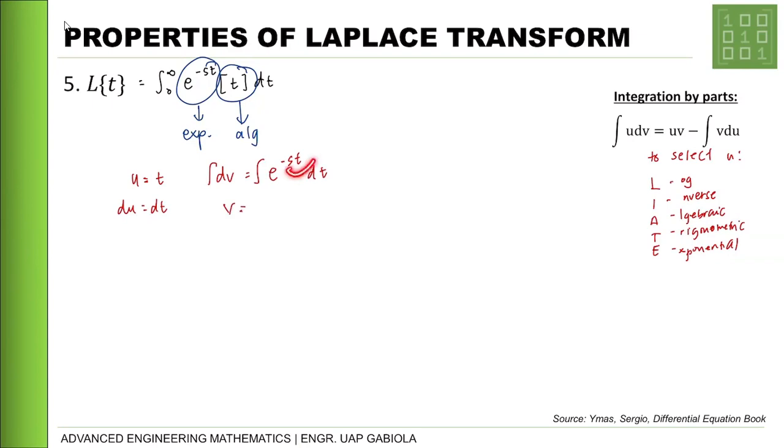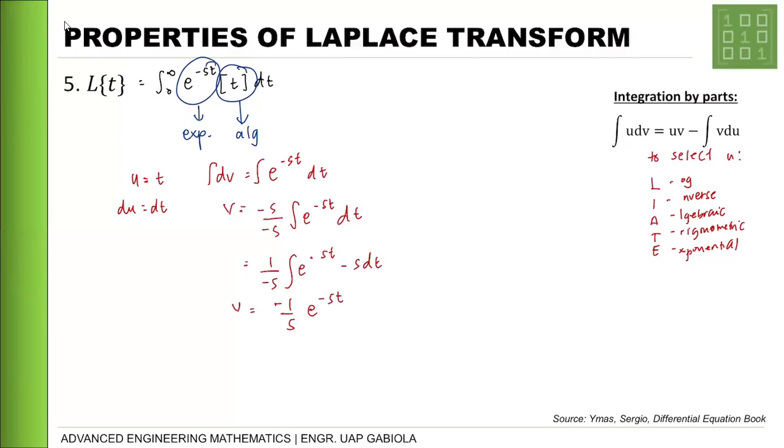And then to satisfy this, our dt needs to have a negative st, no? So, we need to introduce a number equal to 1 so we can insert the negative st there. Okay? So, this will be 1 over negative s, then negative s dt. So, what came from here, we were able to insert there. That is why this is it, no? Now, it will satisfy the e^u du. So now, the integral of v will be negative 1 over s e raised to negative st. Okay? So, that is the value of our v.